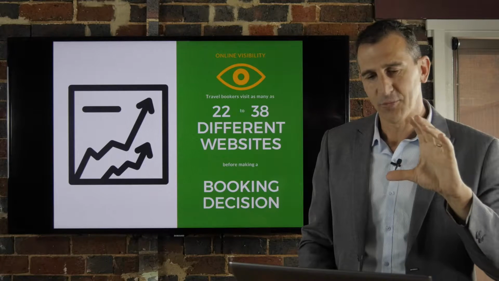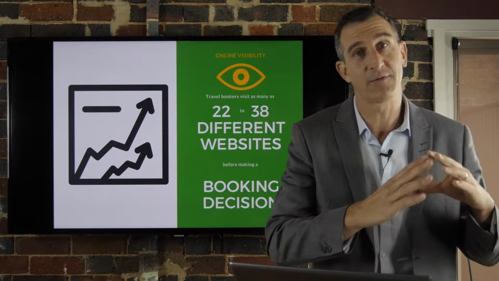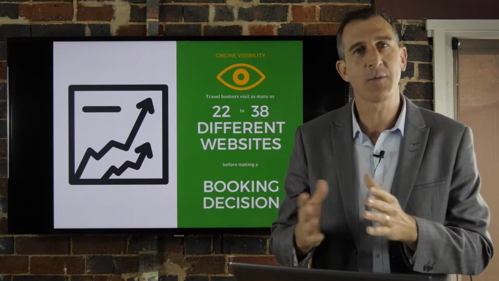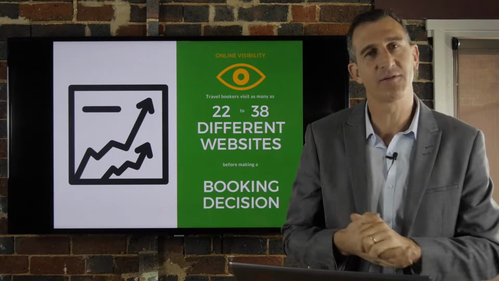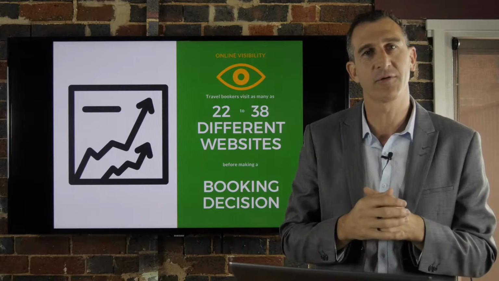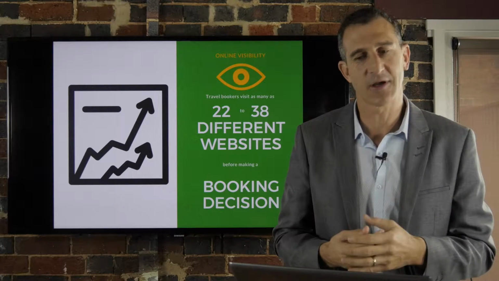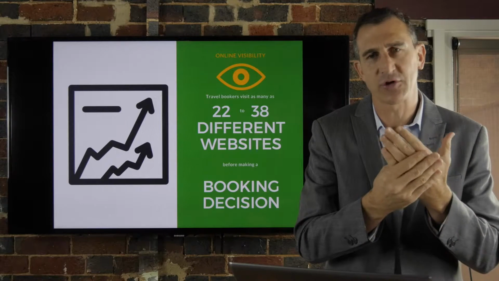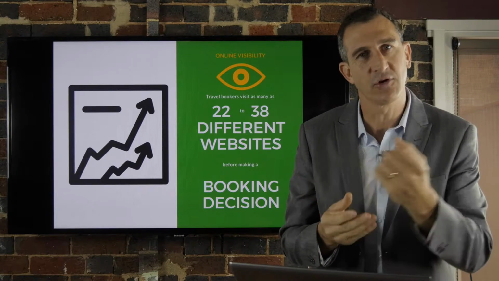And more than that, not only do 85% of them go online to search, they will search multiple websites. Anywhere from 22 to 38 different websites is the journey that most travel bookers go through before making a booking decision. So somehow you've got to be there and be found, but then you've also got to stop them from looking somewhere else so you can garner that travel booking.